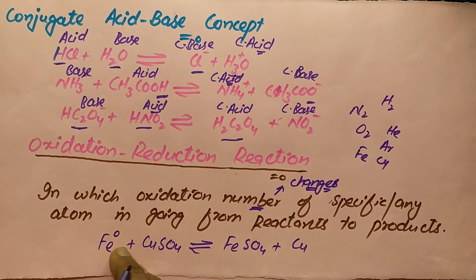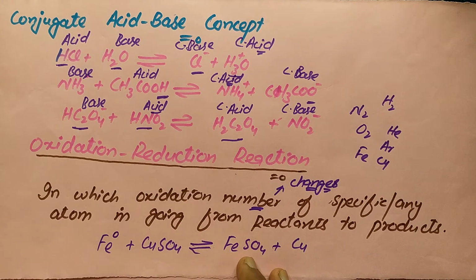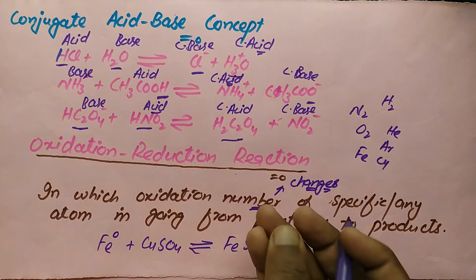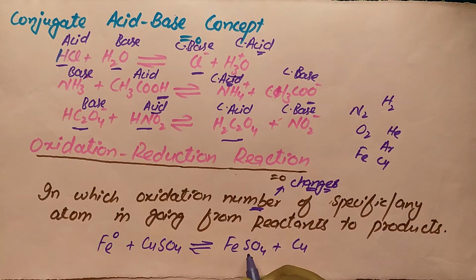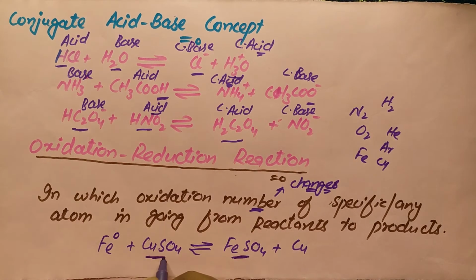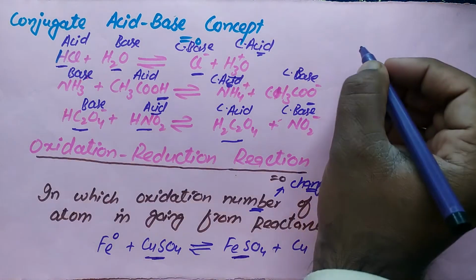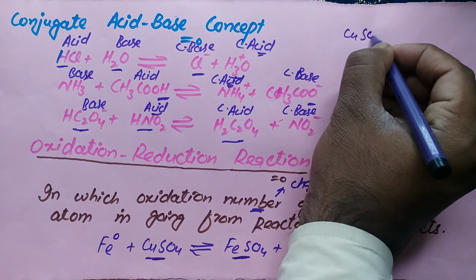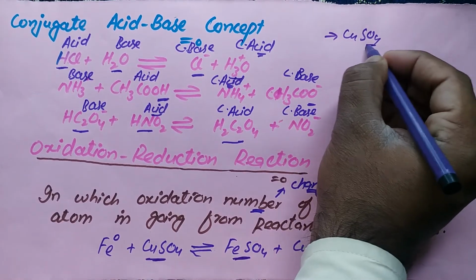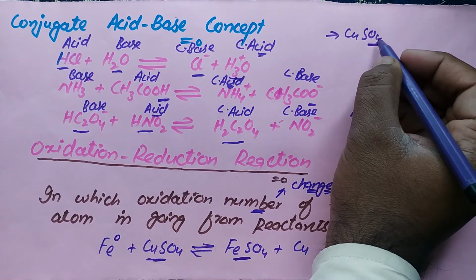When Fe converts into FeSO4, it becomes charged, negative and positive. How does it convert? As we know, in CuSO4 oxygen has -2 oxidation number.